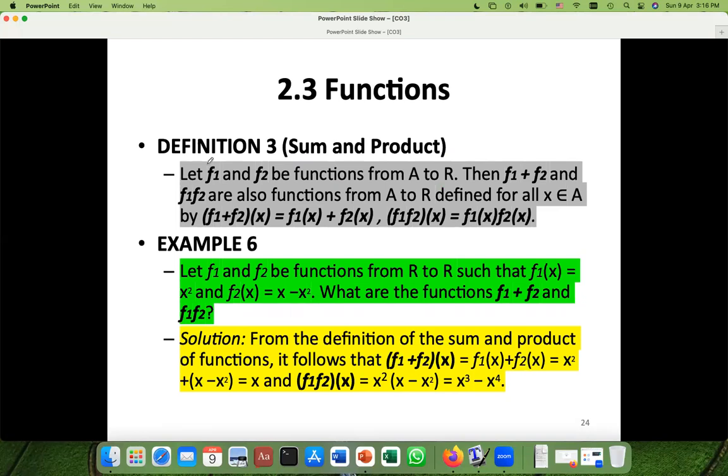So if you have these two functions, f1 and f2, from set A to set R, we are not given what these sets are. We cannot say that R is the real numbers because this is not given to us. So we have only two sets. So let f1 and f2 be the functions from set A to the set R.